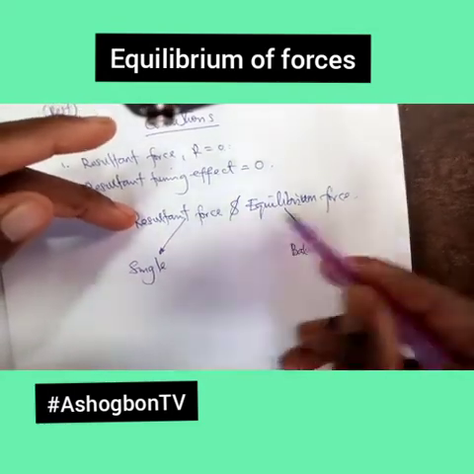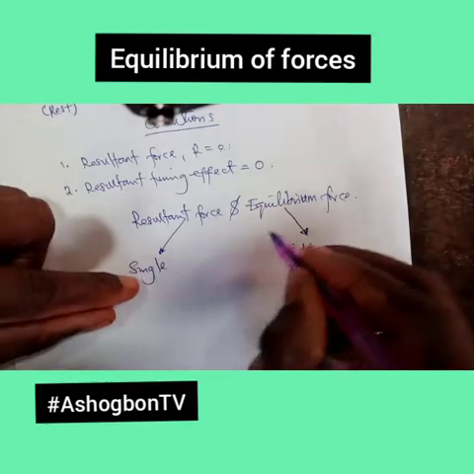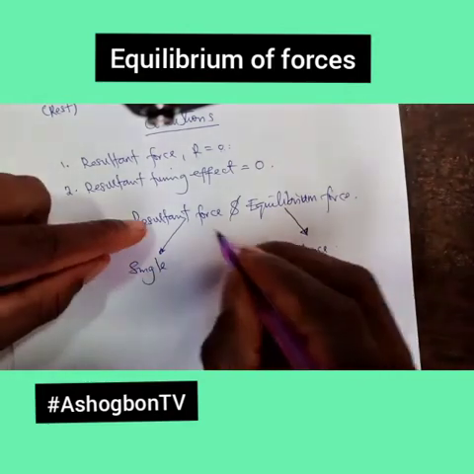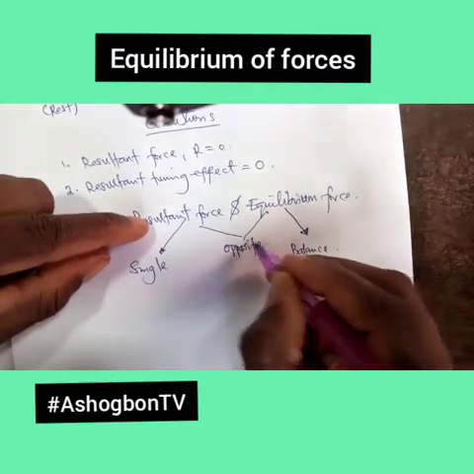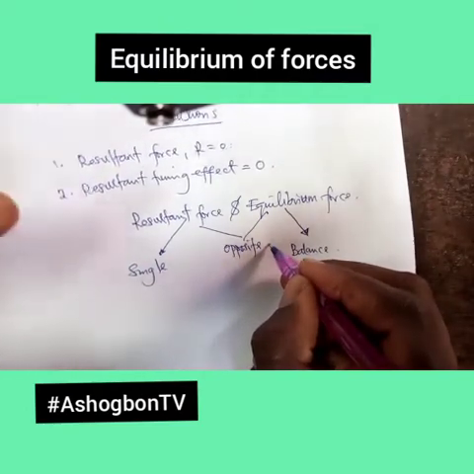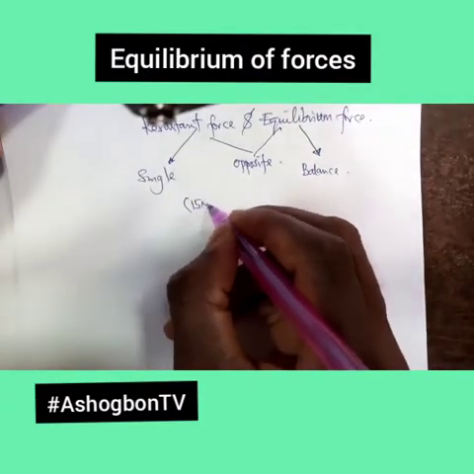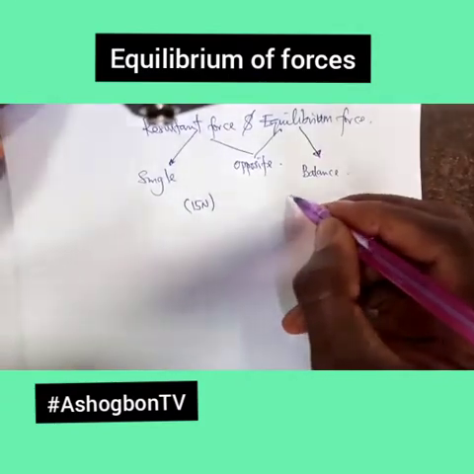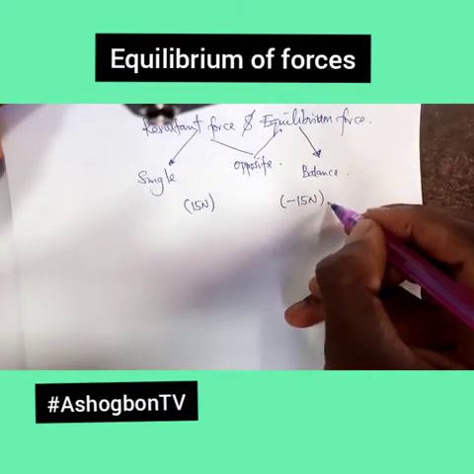Now, resultant and equilibrium force are the same. The only difference is they move in opposite direction. So therefore, if the resultant of a body is 15 Newton, then the equilibrant or the equilibrium force will be minus 15 Newton.